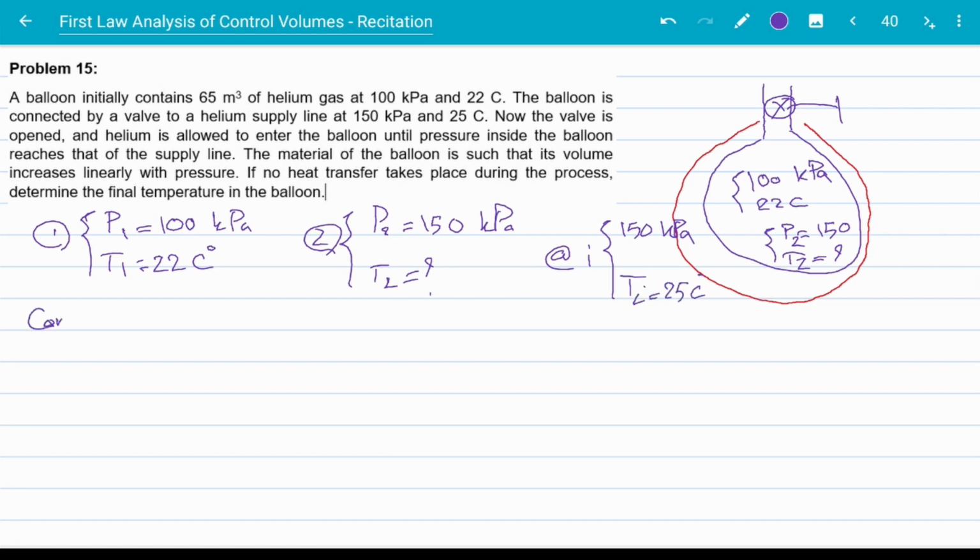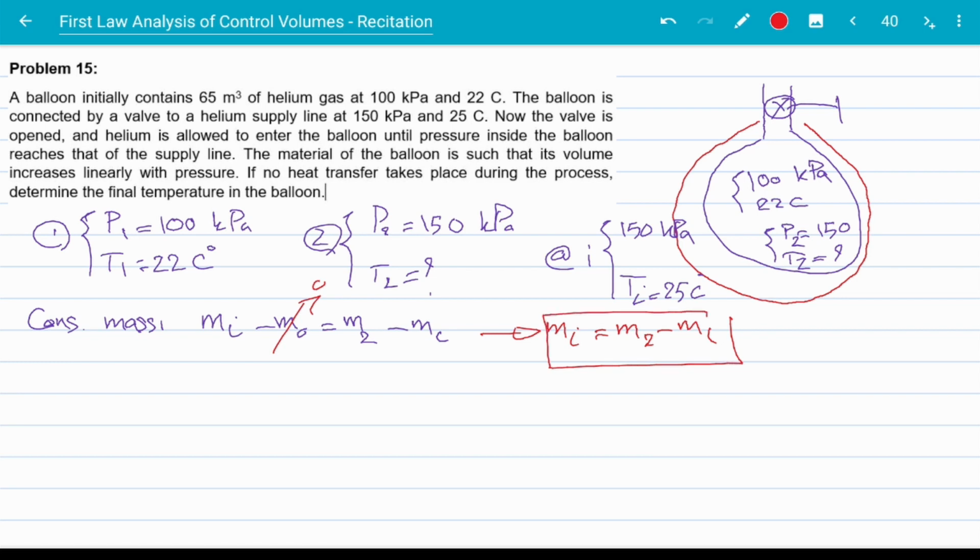Okay, so let's start with the conservation of mass. Conservation of mass says that mass coming in minus mass going out is the mass of the final state minus mass of initial state. There is no mass going out, so this is 0, and I get mass coming in is the second mass minus initial mass, right?